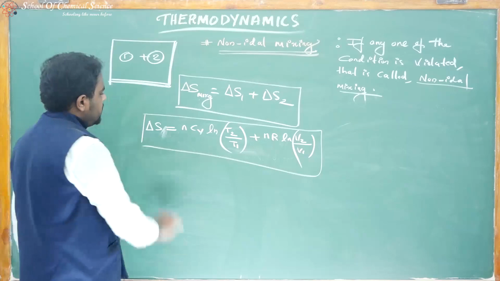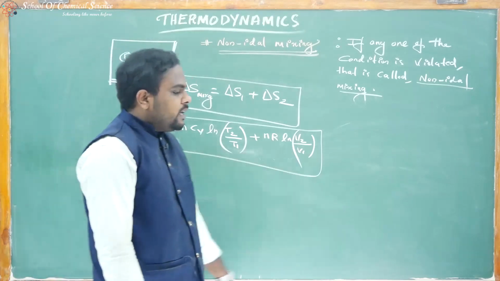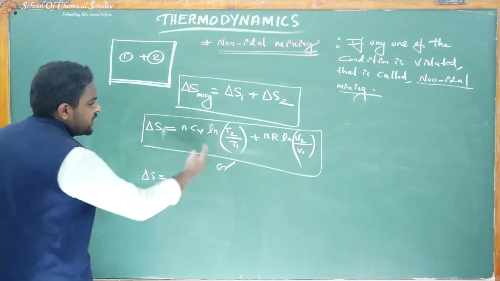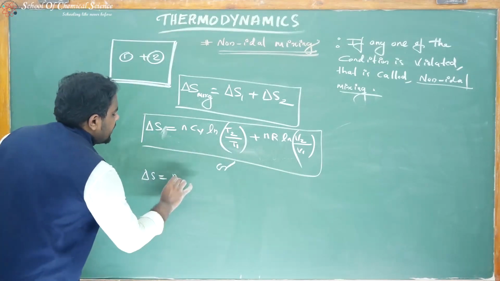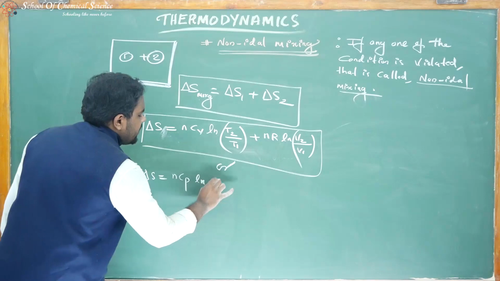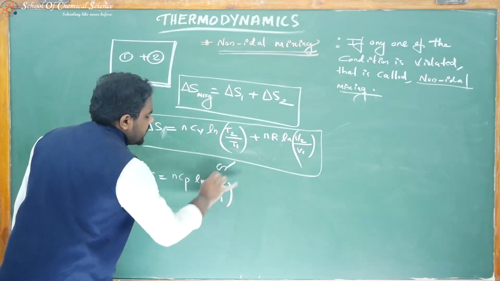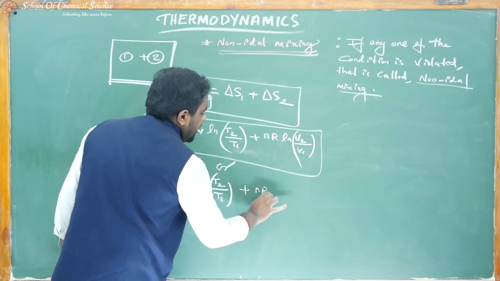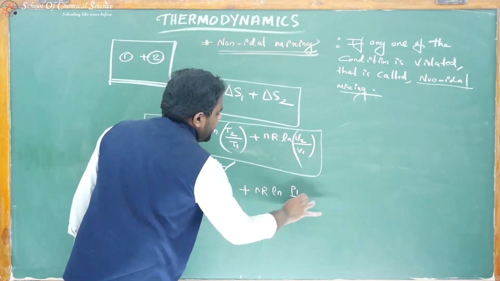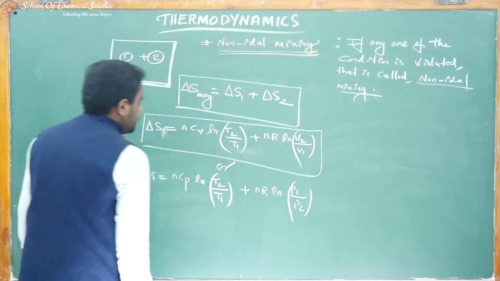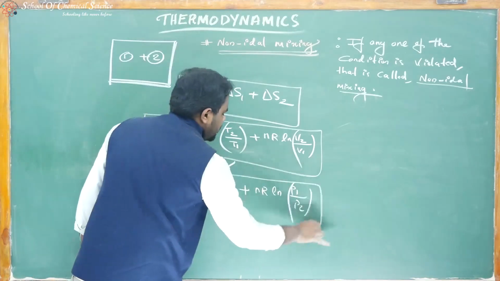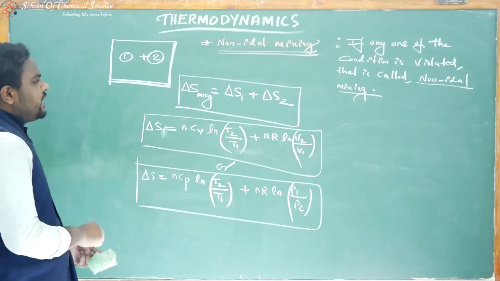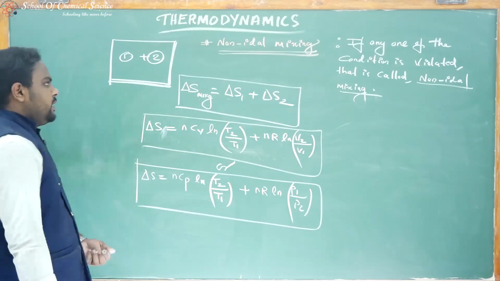Or you can use in terms of temperature and pressure: NCP ln T2 by T1 plus NR ln P1 by P2. By using this equation also you can find delta S1 and delta S2. On adding you will get delta S mixing. So that's about non-ideal mixing.